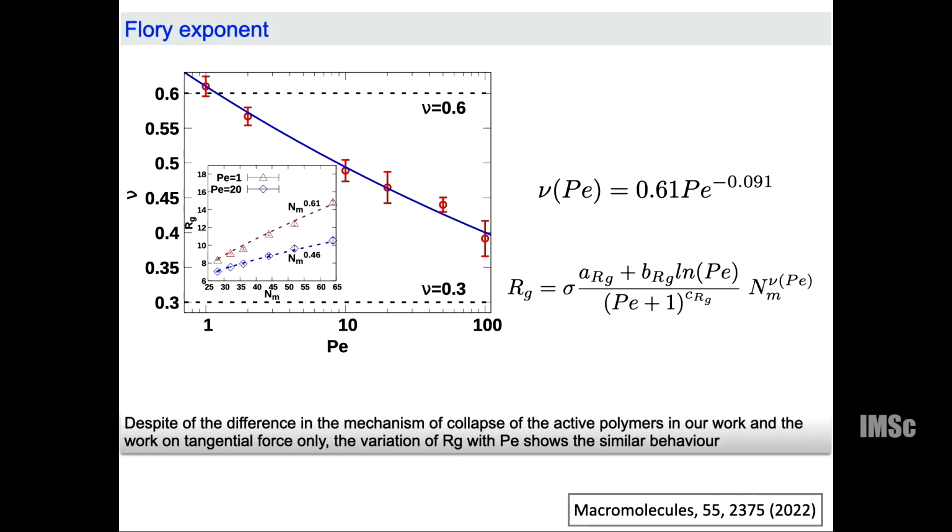Interestingly, though our model is very different from the polar active model that I showed you, the scaling that we see for the Flory exponent as a function of Peclet number is very similar to what they have also observed. I'll come to the reason for that in a moment, right? So what we have seen so far is by having these activities.